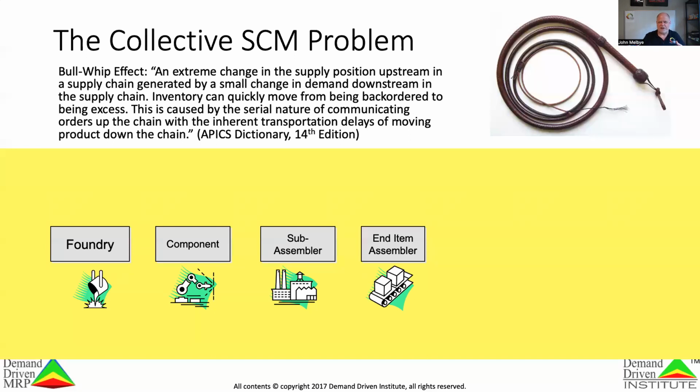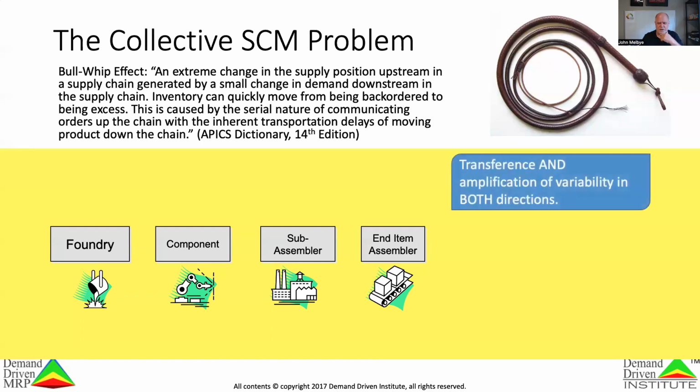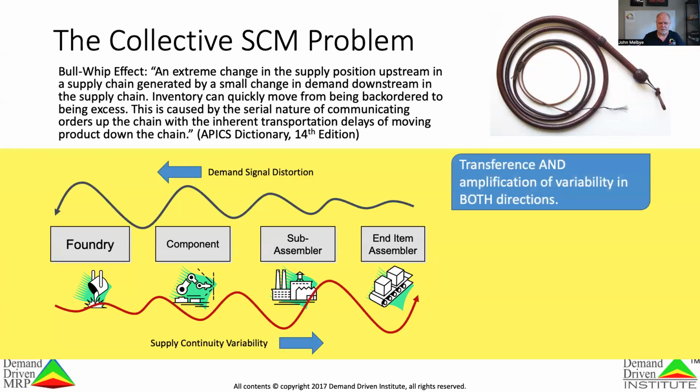Due to the serial nature of communicating and the inherent transportation delays of moving product, we end up with the bullwhip effect. What we're really talking about is the transference and amplification of variability in both directions. We have the demand signal distortion moving one way, and we have the supply continuity variability running the other way.